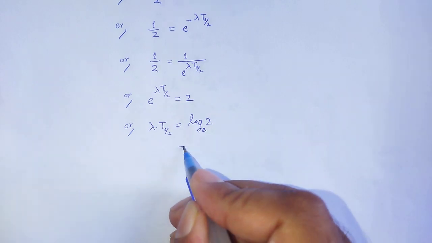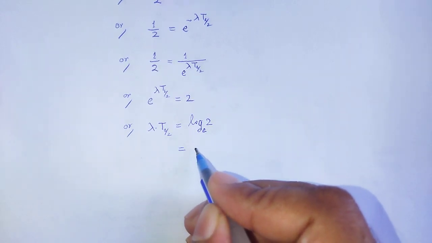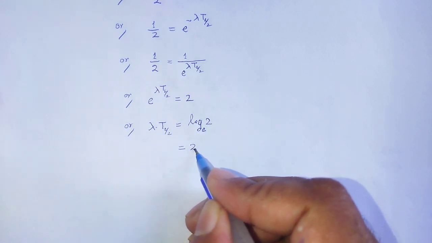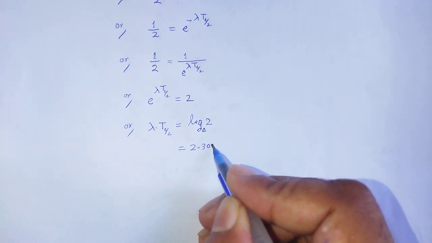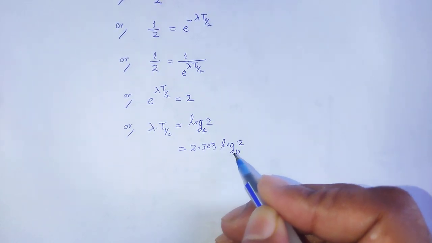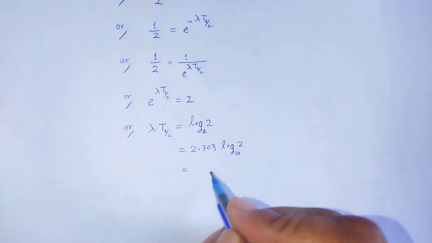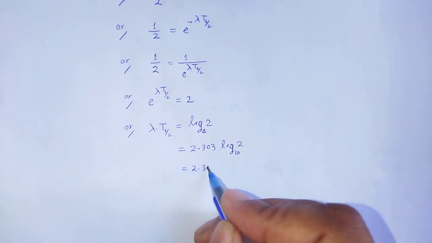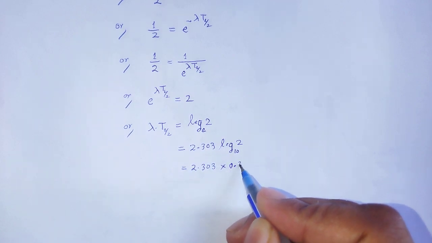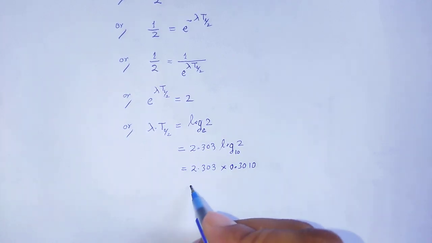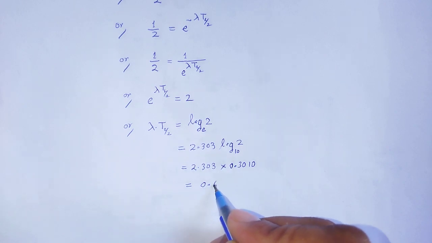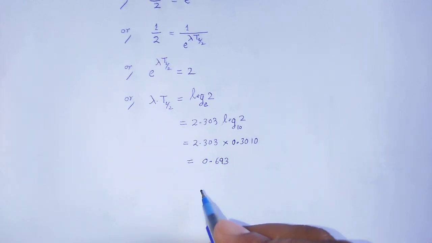Calculating that value, when the base is 10, it is 2.303 log 2 base 10. The value of log 2 base 10 is 0.3010. Multiplying 2.303 into this logarithmic value, we have 0.693.